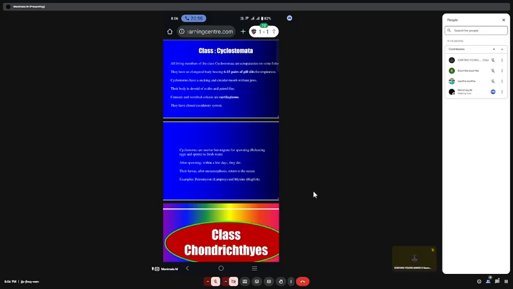Whether the jaw is present or absent? Jaw is absent. How about the body? Whether the skin is present or absent?